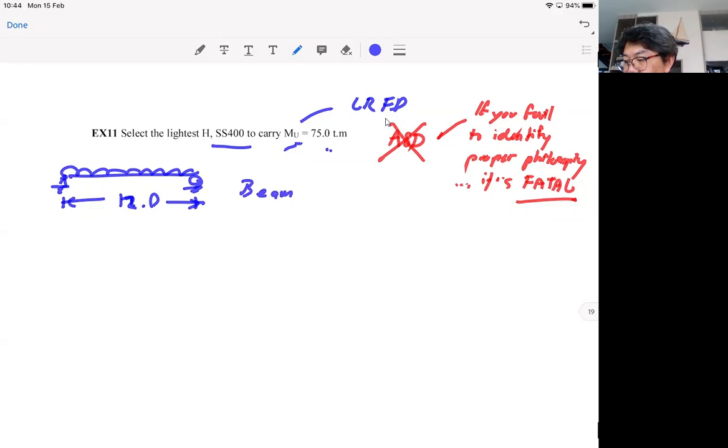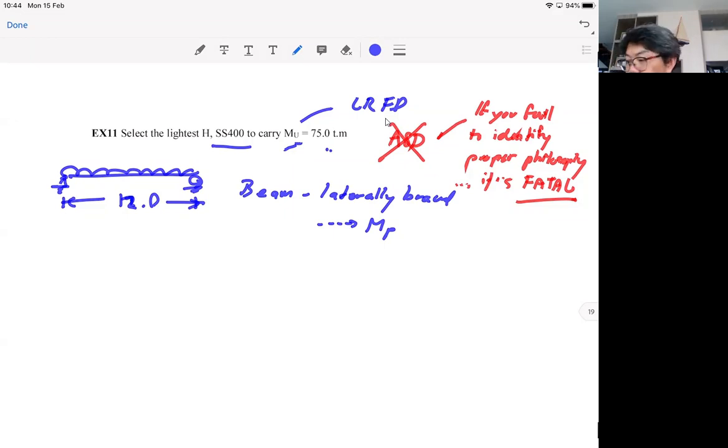If we know that the beam is laterally braced, no problem, because you are going to get to Mp if your section is compact. But if you don't select any section, there's no way to know whether or not your section is compact, right? So you got to pick one first.